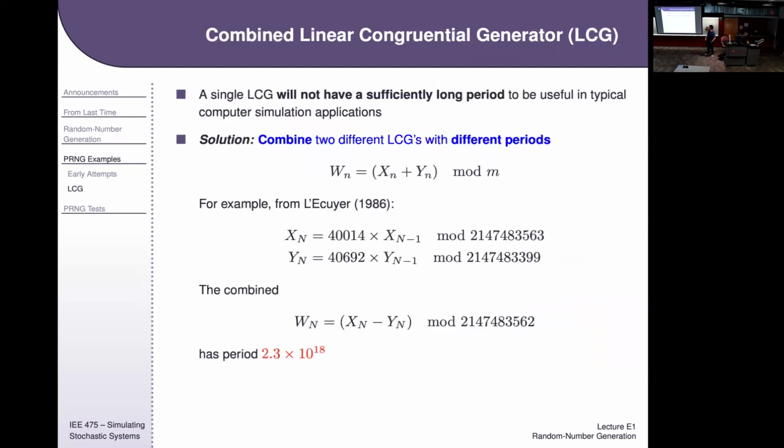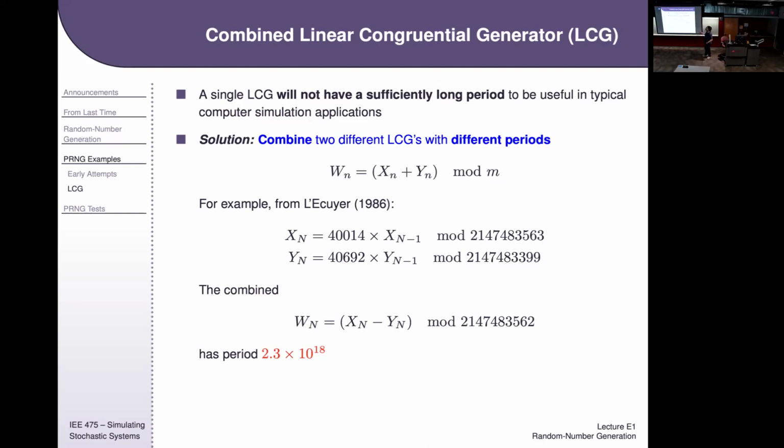So that's pretty cool. If I want to make this have a longer period, then a trick that people do is a so-called combined LCG. It has all the benefits of an LCG with a longer period. And all you do is basically create two LCGs and add them together.